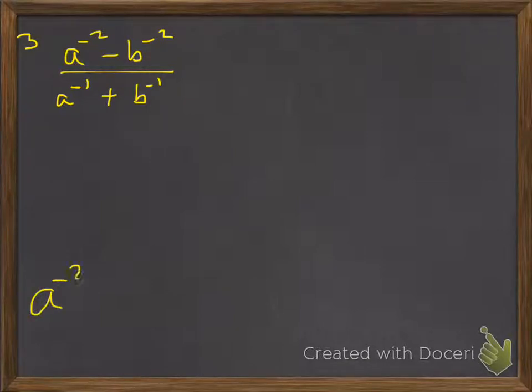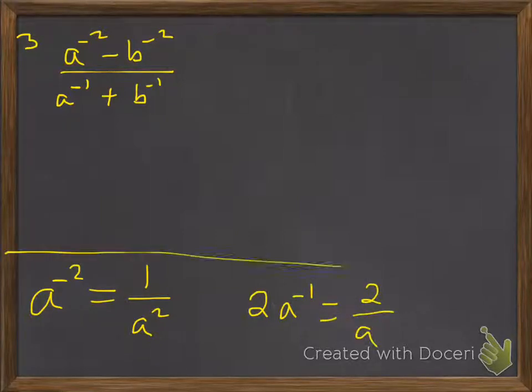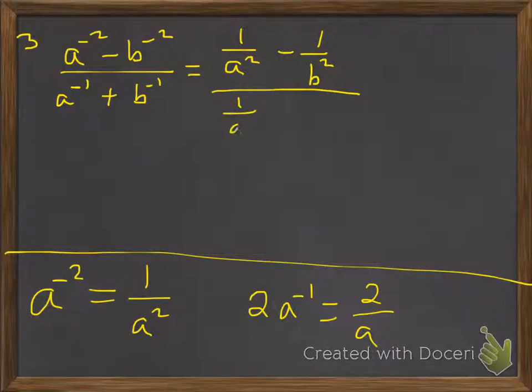Okay, as a friendly reminder, a to the minus 2 means 1 over a squared. 2 times a to the minus 1 means 2 over a. Those are very different. Rewriting, this is going to be 1 over a squared plus 1 over b squared divided by 1 over a plus 1 over b.